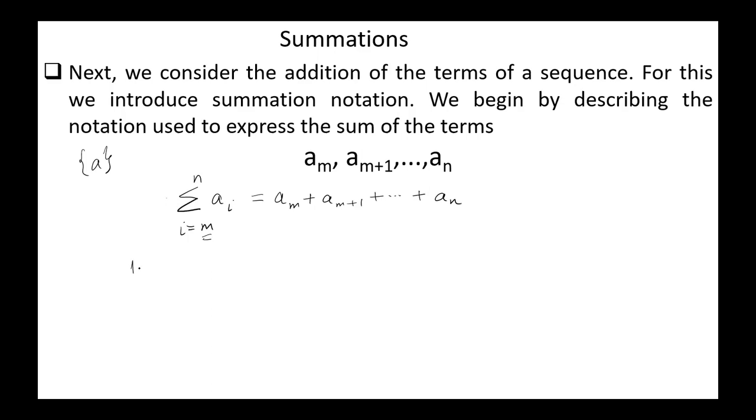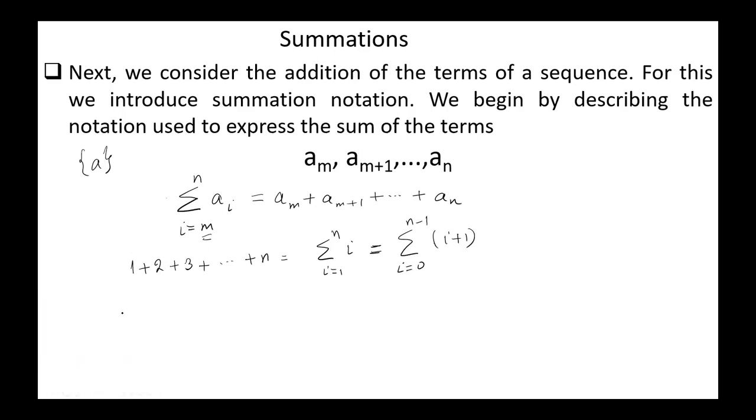For example, to represent the sum 1 plus 2 plus 3 etc. plus n, we can use the notation sum i equals 1 to n of i, or for example i equals 0 to n minus 1 of i plus 1.